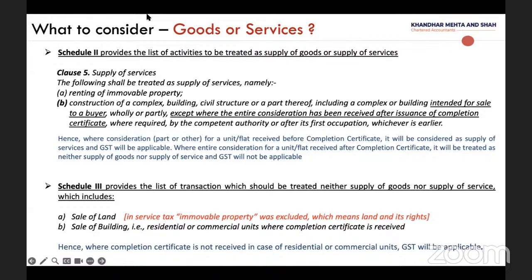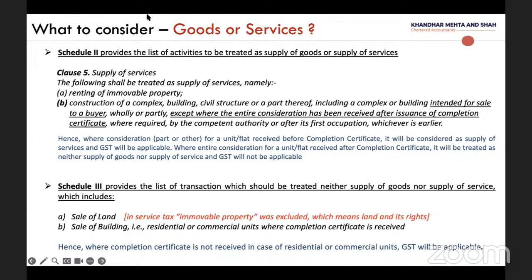When we say outside the purview of GST, the law cannot be made applicable to such a transaction. One of the transactions is sale of land, a simple transaction of sale of land, as we understand from the way it has been worded. Another is sale of building, which means any unit that is sold after the completion certificate is received.